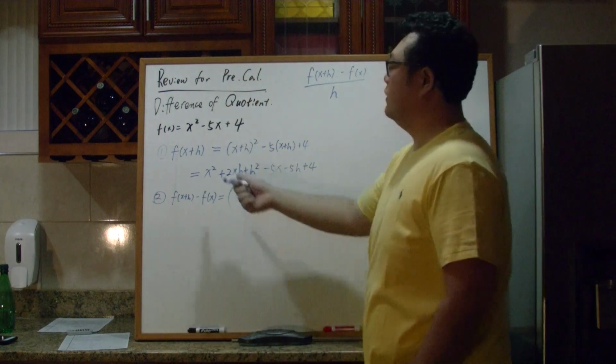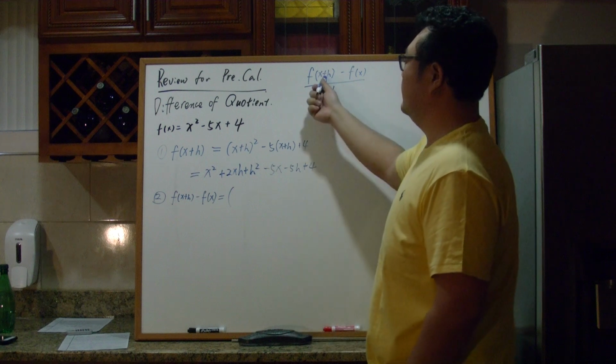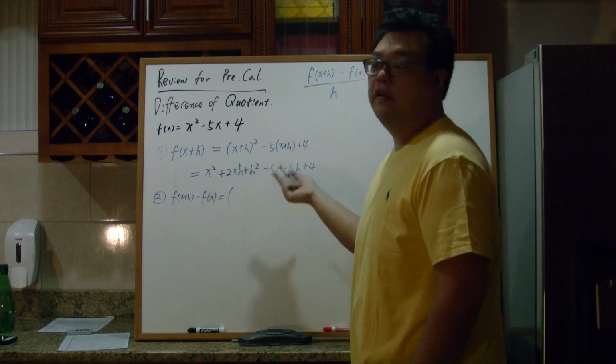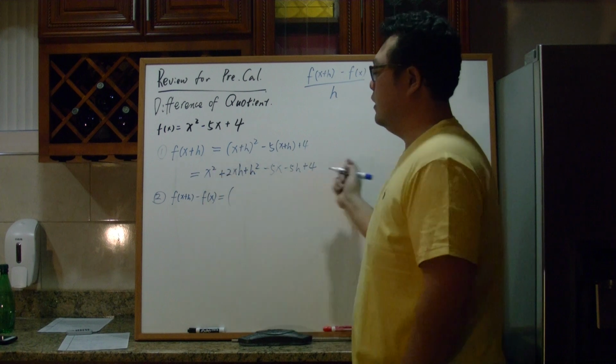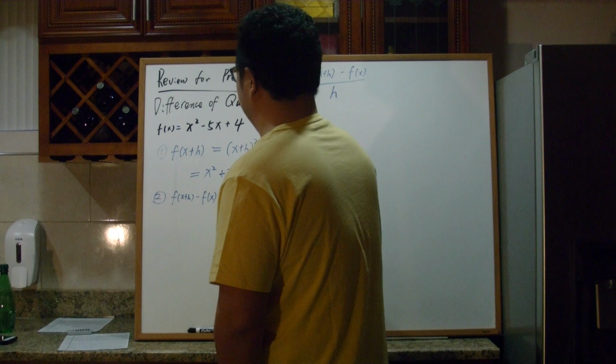For the difference of f of x plus h and f of x, that is the expression on the numerator, we take f of x plus h, which is the expression after just expanding out, without simplifying it.